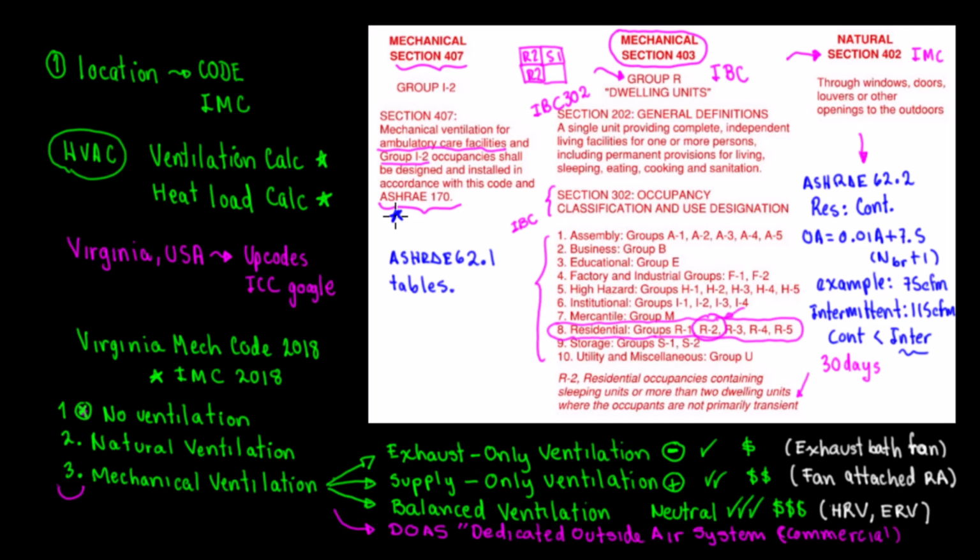They would say, based on section 403, we require mechanical ventilation for group R2 in the International Mechanical Code section 302. This also complies with HRV 62.2, which is not a code, it's a standard. And in case there is a medical facility, we have HRV 170, based on the Mechanical Code section 407. If they give an answer like that, it shows how professional someone is, okay?